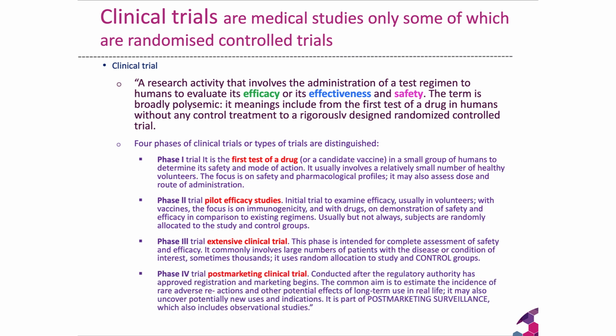And then lastly, a phase 4 trial is a post-marketing clinical trial, often conducted after the treatment has got approval, and the aim of this is really to better understand the treatment and to understand the incidence of rare side effects and the potential value and long-term use of the drug in a real-life setting in health clinics and hospitals.